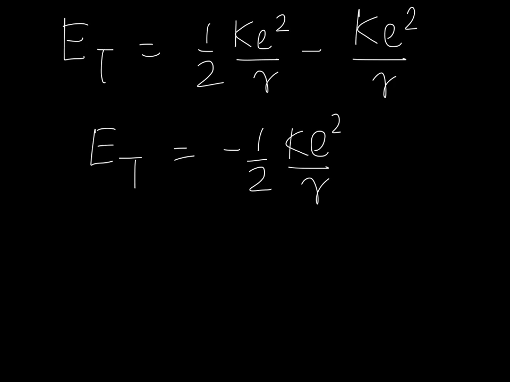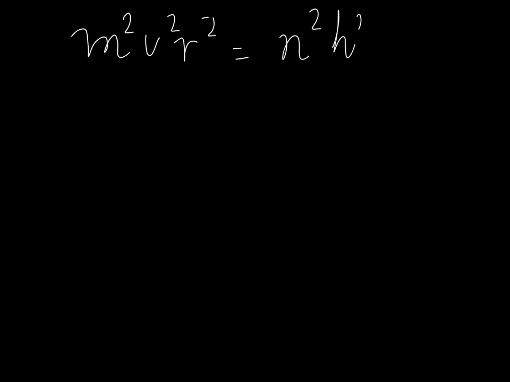Now at this particular point, Niels Bohr made an assumption, and he stated that the angular momentum is an integral multiple of h over 2 pi. So technically his assumption is mvr, that's the angular momentum, is equal to nh divided by 2 pi. Now if we accept this, then we have m squared v squared r squared equal to n squared h squared over 4 pi squared.